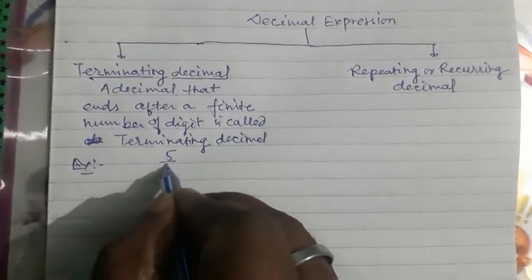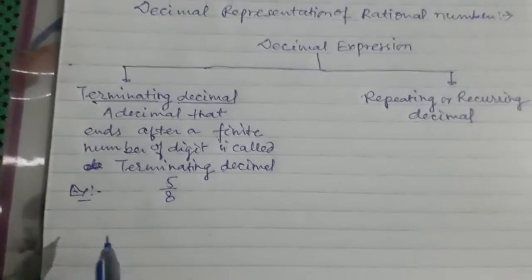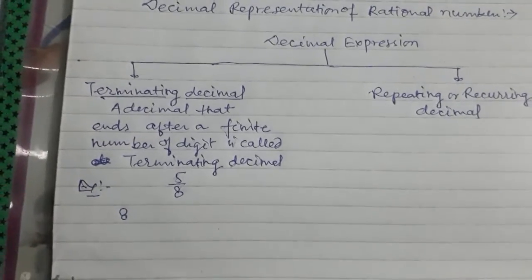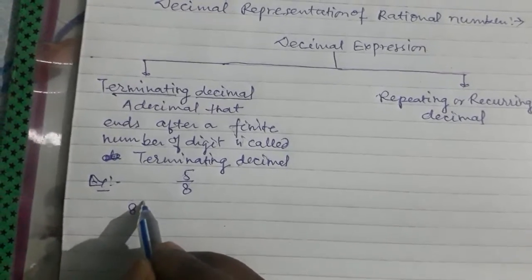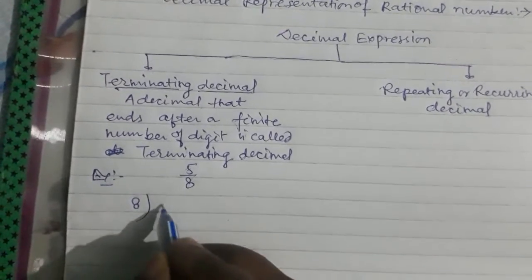Let us suppose 5/8. Divide 8, that is denominator, into 5, numerator. So we have to divide 8 into 5.